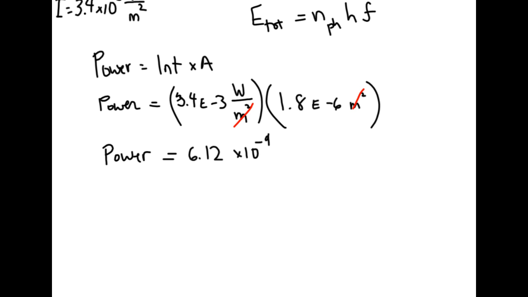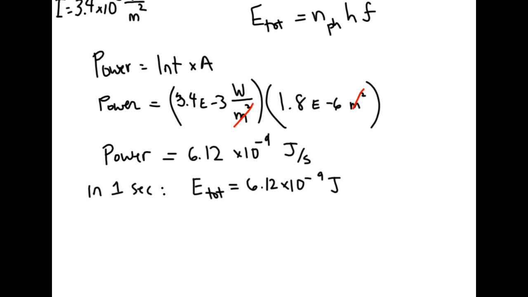But here I'm going to use my trick. A watt is a joule per second. So in 1 second, the total energy getting sent from our bulb to the surface is 6.12 times 10 to the negative 9 joules. That's what this says. It's a ratio per second, for each second. Per means divided by.